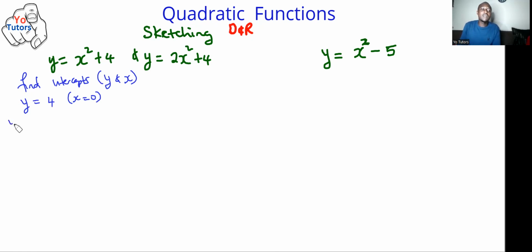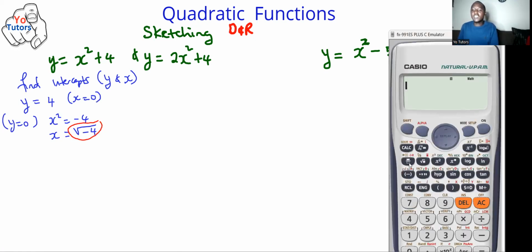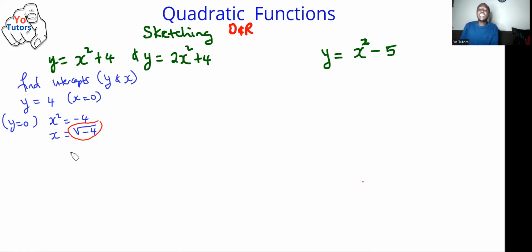When y is equal to 0, let's see what we find here. x squared is going to be equal to -4, and x is going to be equal to the root of -4, which you can't have, a root of a negative. If you try it here, root of -4 will give you an error. So it means that it does not exist.